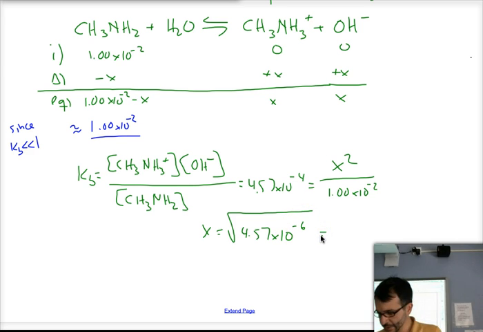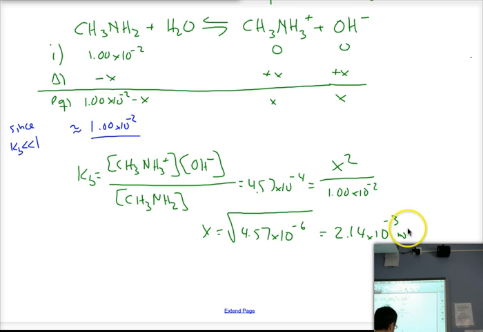And when we do that, we get that this is equal to the concentration of the hydroxide ion.